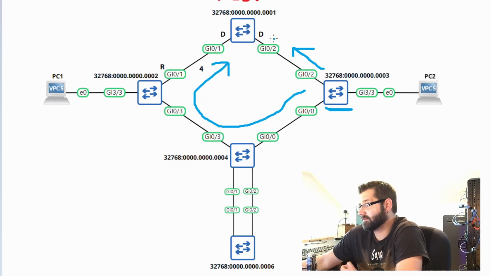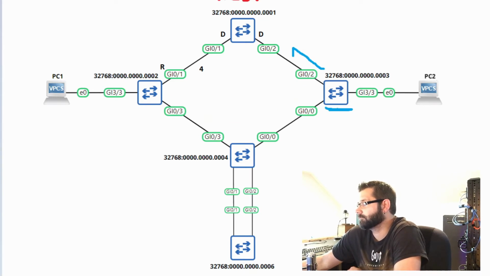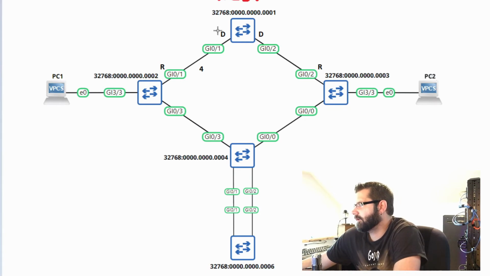It's either a cost of 4 or it's a cost of 12. So clearly, gigabit 0/2 is going to be the root port. All right, so on the root bridge we have designated ports. On these switches right here, we have our root port.